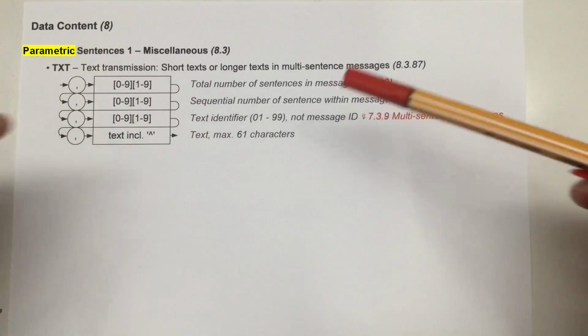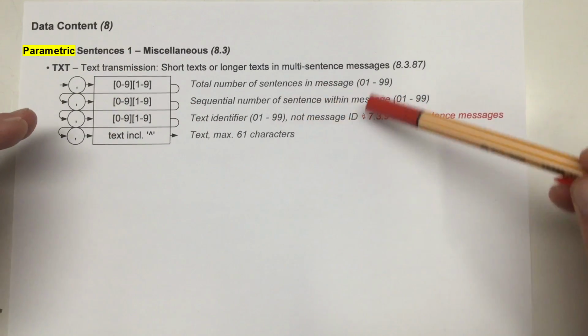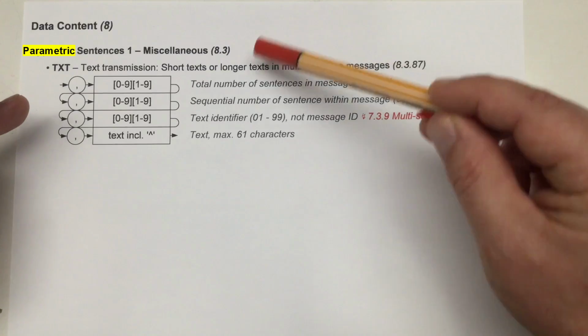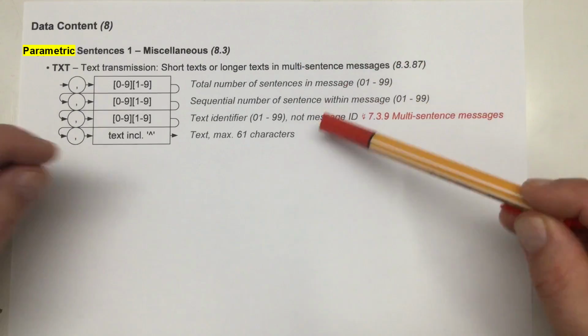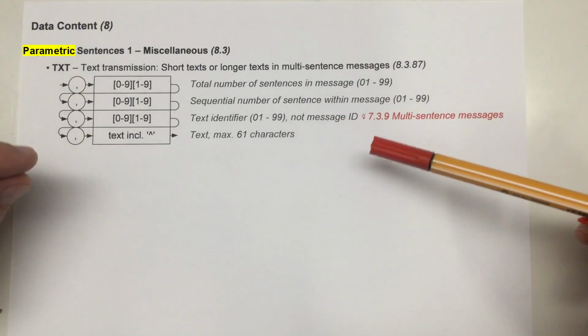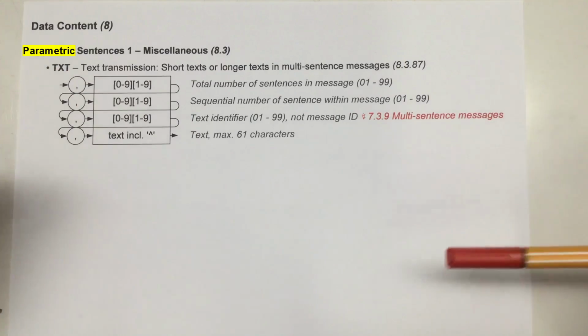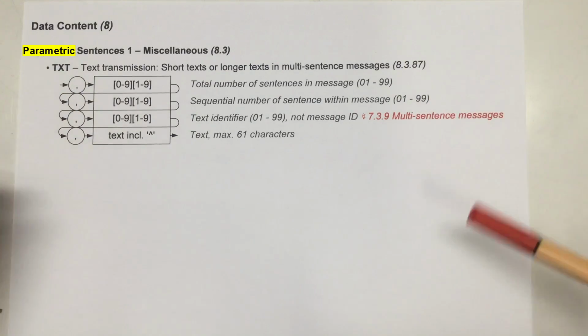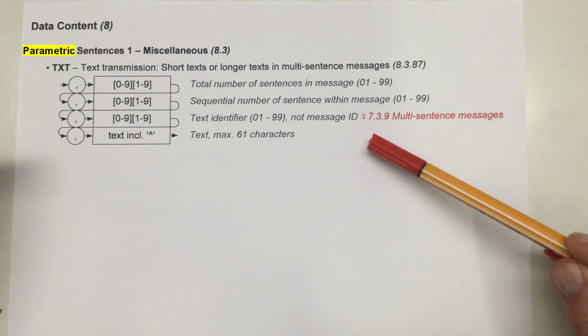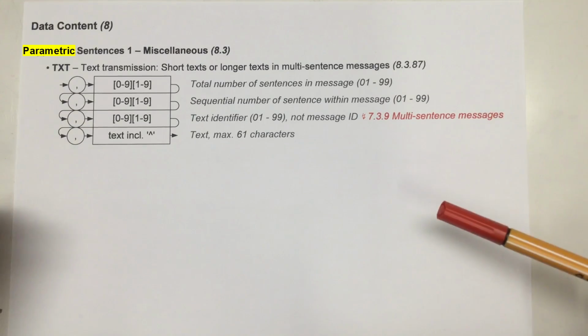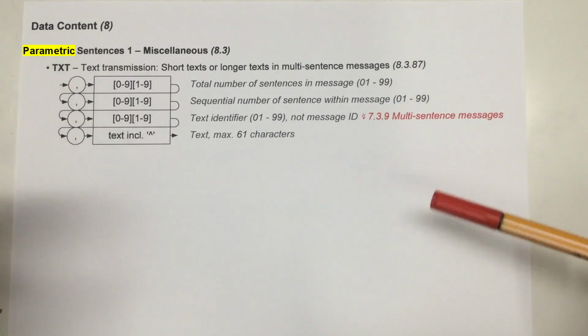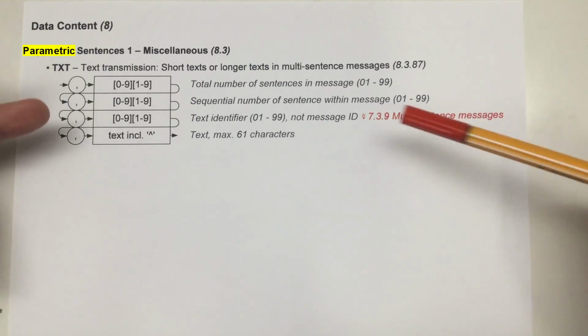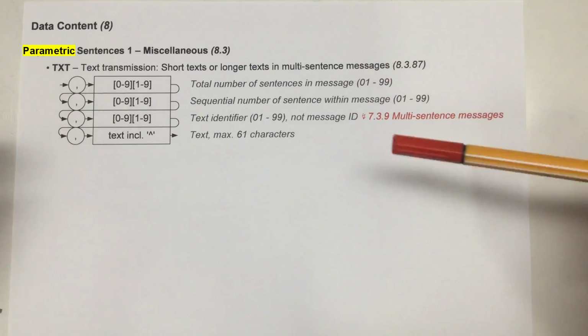Please note, that is not a unique ID for the multi-sentence message as a whole, as we have seen before in the encapsulation messages. This is in contradiction to the standard itself, where it states in 739 multi-sentence messages that these multi-sentence messages have to include such a message identifier.